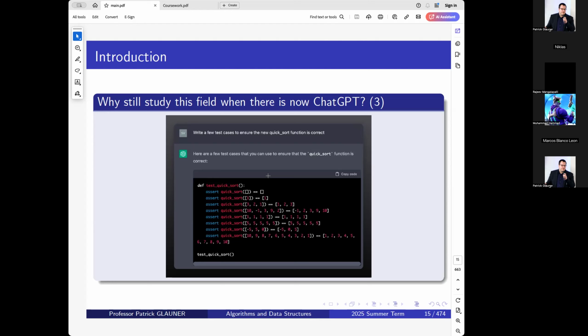But you still need to learn how to build such things on your own, because later when you work in industry and you build more complex algorithms, there's simply much less training data for ChatGPT and other AI tools, so they won't deliver that great results for real-world problems. Later when you work in a company, you will not be tasked all the time to implement Quicksort, but rather custom algorithms for your employer based on what your customers requested. And Gen AI tools will not work that well for such problems.